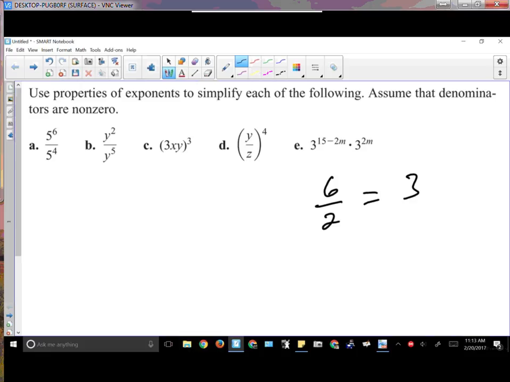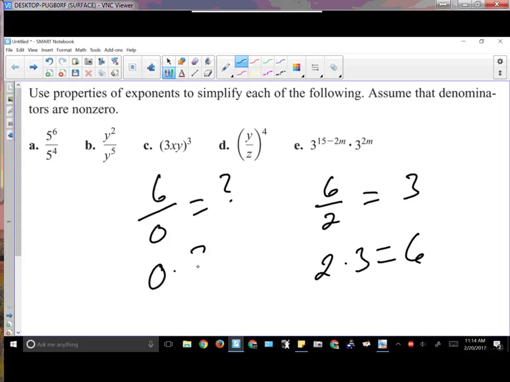So that means that 2 times 3 is equal to 6, yes? So what happens if I had 6 divided by 0? What's it equal to? Well, that means that there has to be 0 times some number equal to 6. Is that ever possible? No. This is why we say division by 0 is undefined, because we cannot define the multiplication that creates the values.